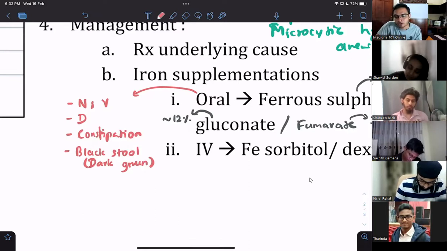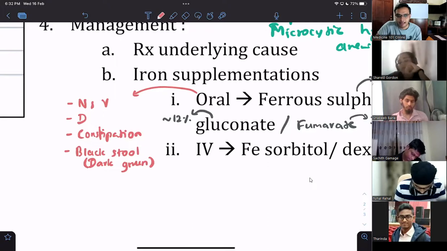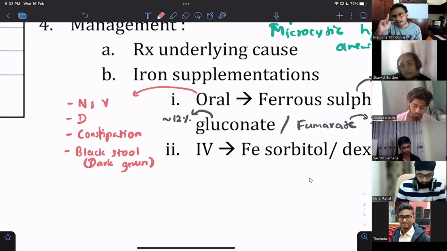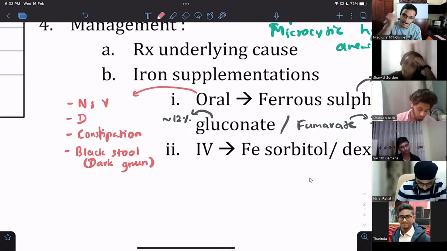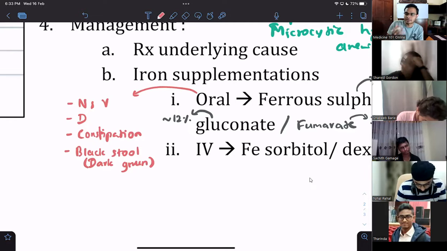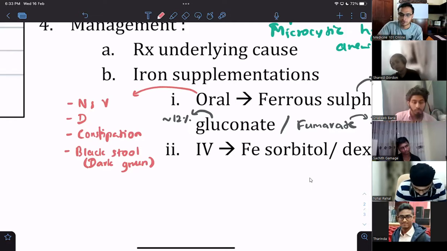So you have to take a stool sample just to make sure the patient is not having something like that. Although they come and say black stool, we cannot tell them to put a torch and look and tell me if it is black or very dark green. You cannot say that. A lot of patients actually freak out when they see black, tarry stool.